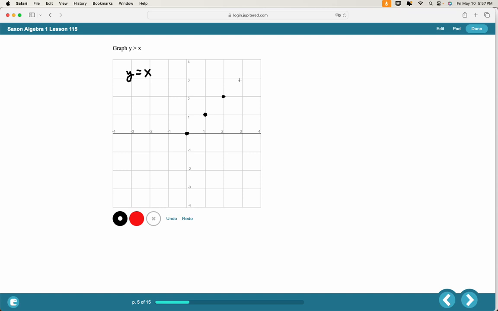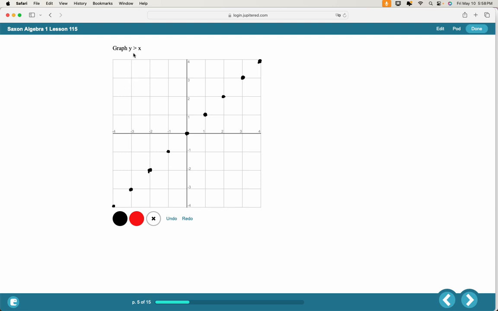If y is +2, x is +2. 3, 3, 4, 4. So it's going to split the Cartesian coordinate system exactly in half at a 45-degree angle, because the value of y is equal to the value of x. So where those numbers match, that is where your line is, okay? So that's how we graph the line.